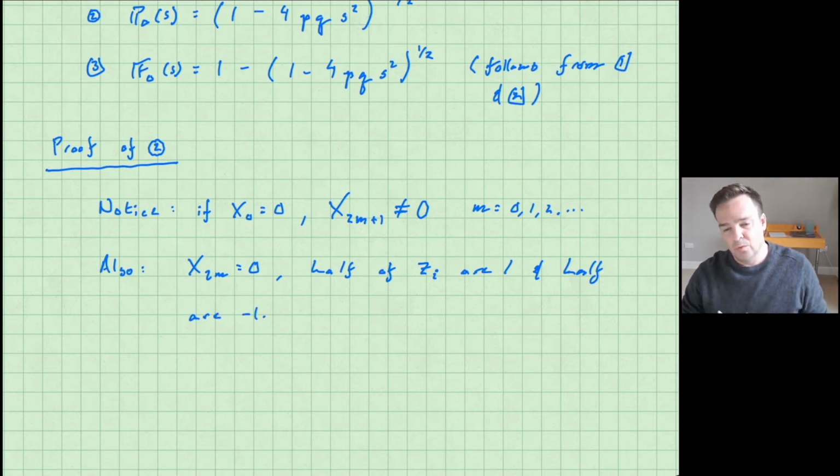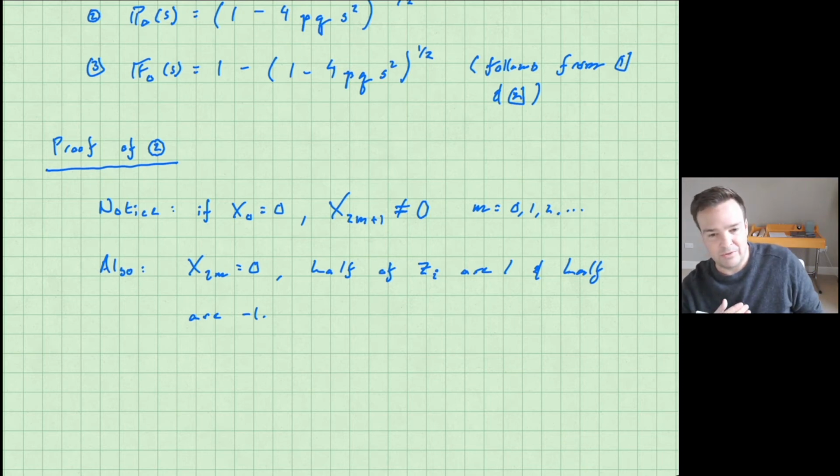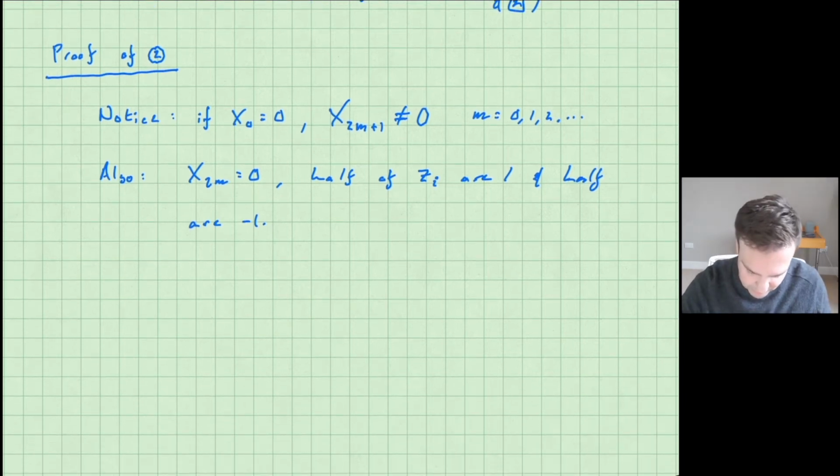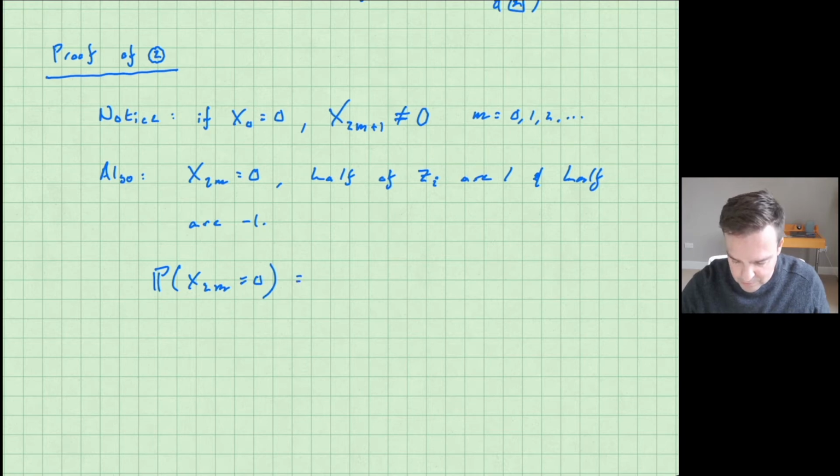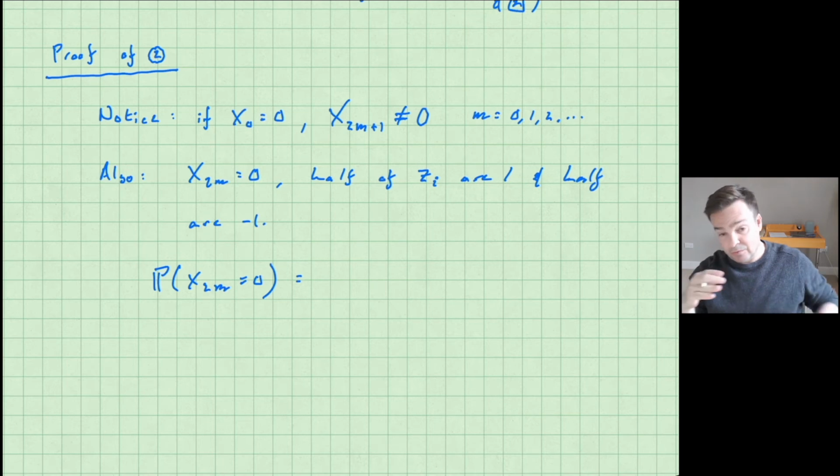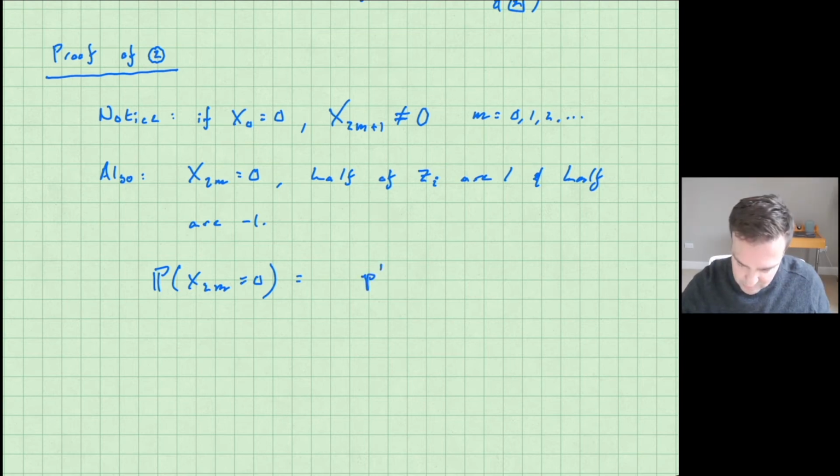And so we can piece together what this probability is just by thinking of all the different ways that you can do this. This is like a combinatorics thing. So we'll say the probability of having x sub 2m equal to 0, right? You've gone through 2m time steps. M of them were to the right, so that's going to be p to the m, and m of them were to the left, so q to the m, right?